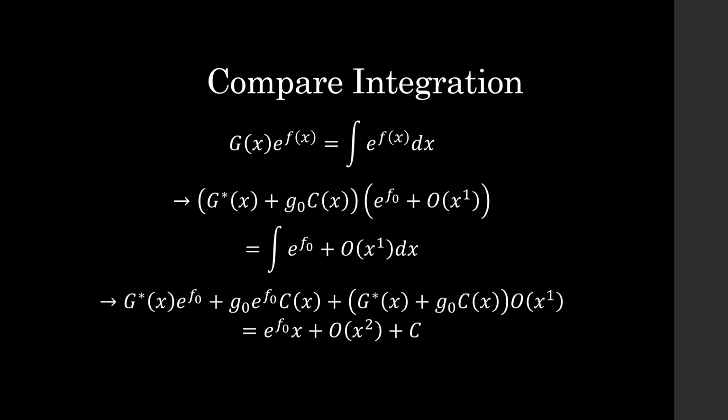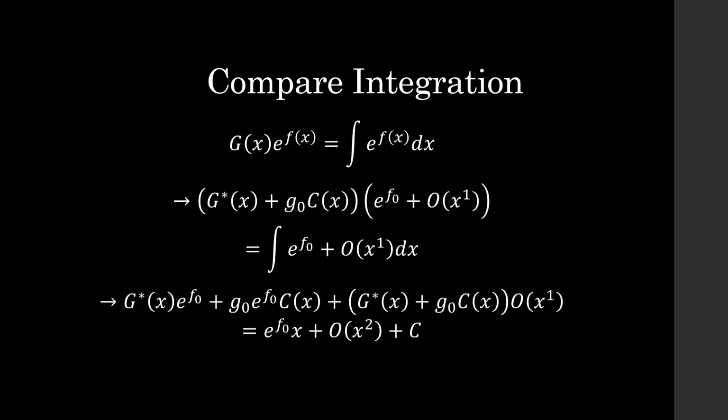The order x polynomial is going to be raised by 1 power, as it is the opposite of differentiation. So it is going to come to an order x squared polynomial, and then that is going to be added to a constant of integration, as is proper to do in these formats.